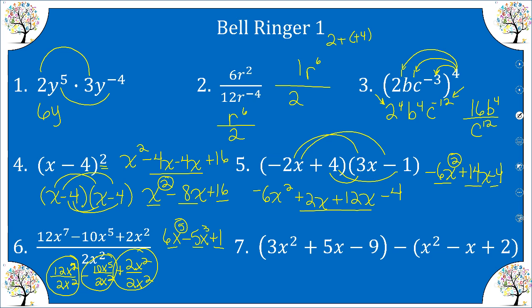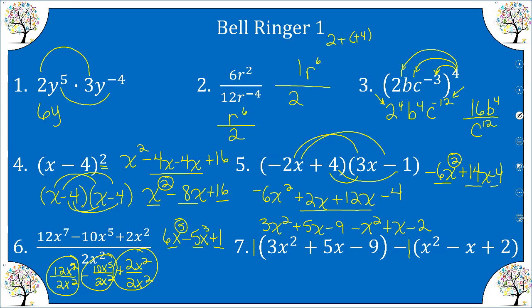Number 7, I am going to multiply the first polynomial by the understood one and get 3x squared plus 5x minus 9. Then I'm going to distribute the understood negative 1 to the second trinomial, and I'm going to get negative x squared plus x minus 2.